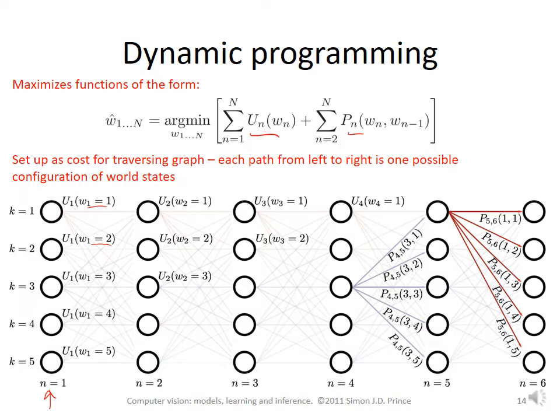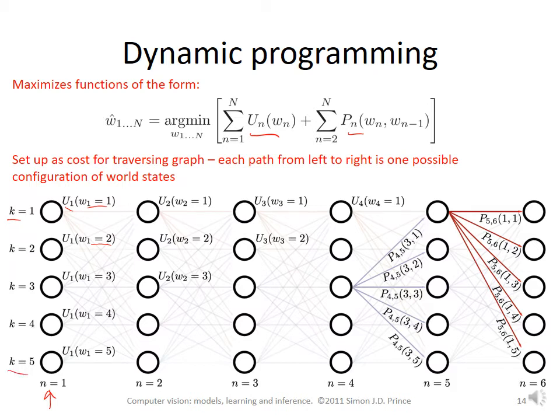And what we're seeing here is U1 represents the unary cost of assigning W1 to the value 1 based on X1 that was observed. So X1 doesn't change, but the compatibility of X1 with each of the possible discrete labels, 1, 2, 3, 4, or 5, is kind of represented here as these sequential bullets, K1 through K5.